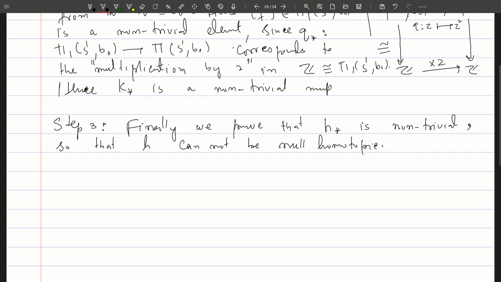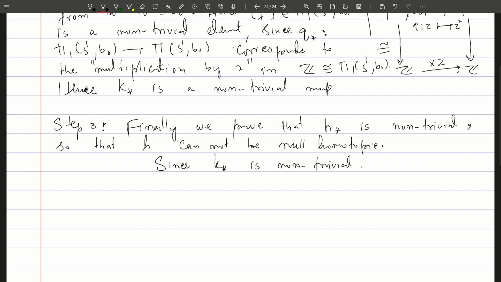Now since K star is non-trivial, and K star being a group homomorphism from an infinite cyclic group to itself, it is therefore injective.